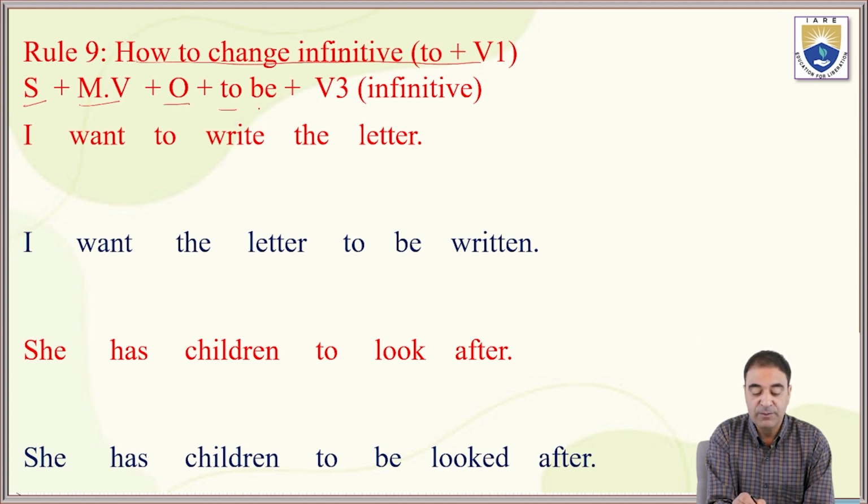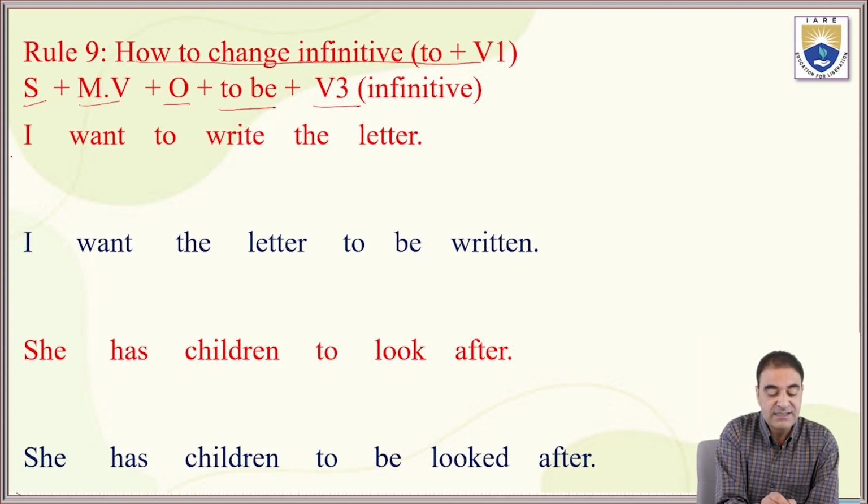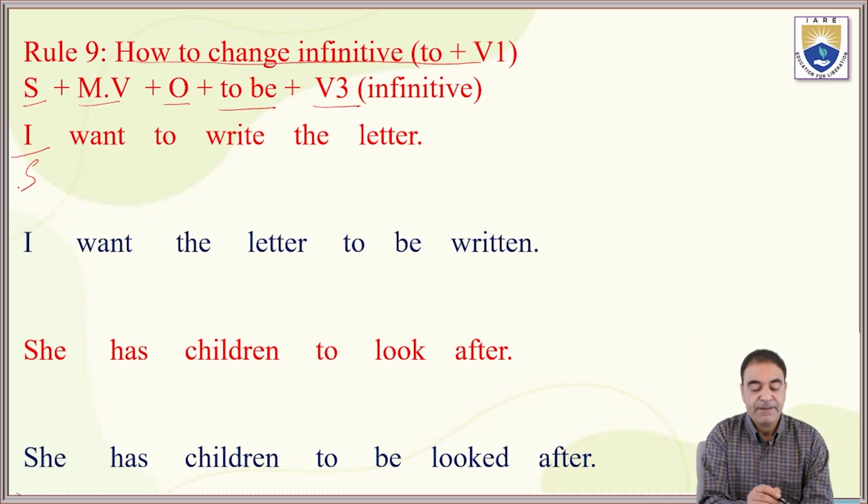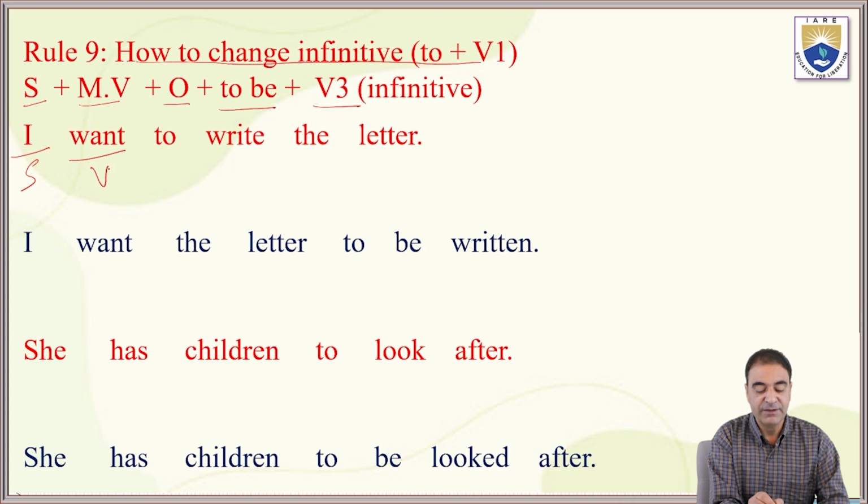Object must be followed by to be, and the verb in third form, but the third form of the infinitive verb. For example, look at this sentence: "I want to write the letter." I is the subject. Then we have want, the verb in first form. Then we have to write. Write is the verb in first form, that is its infinitive, a non-finite verb. Then we have the letter, this is an object.